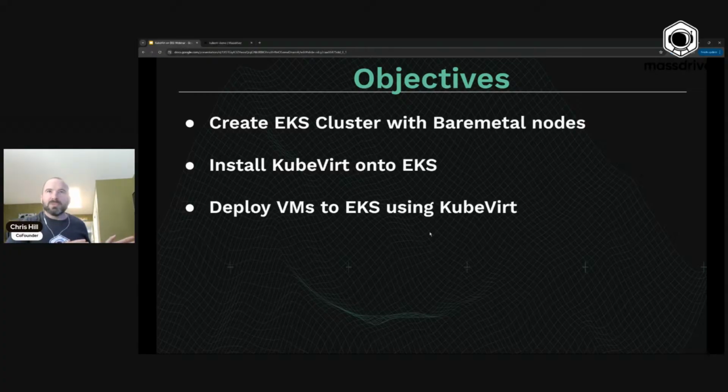A lot of the other VMs are cheaper because you can get fractional instances, because they're taking a bare metal node and breaking it up into smaller VMs. So you can buy 2 CPUs and 4 gigs of RAM or something like that. With bare metal, you're buying the whole machine and you're renting the whole machine. And so in our example, we're going to be using a C5 metal, which is one of the more common ones.